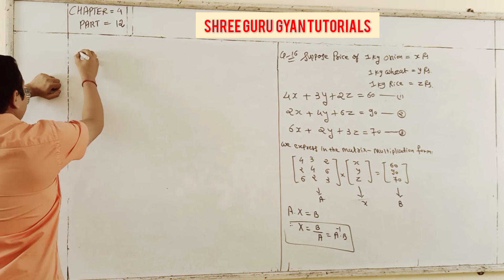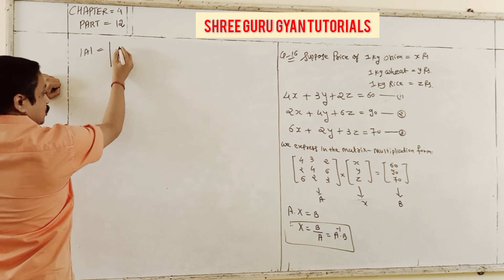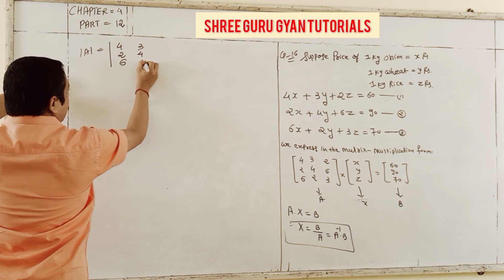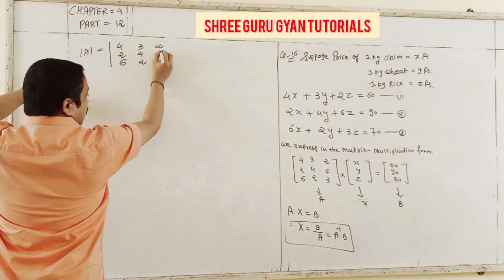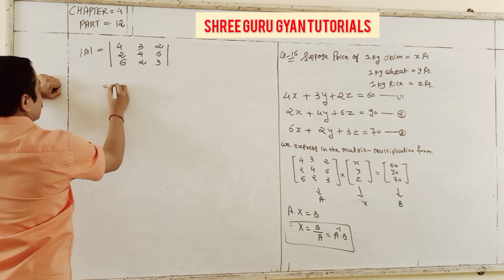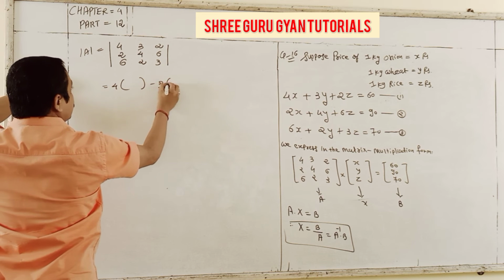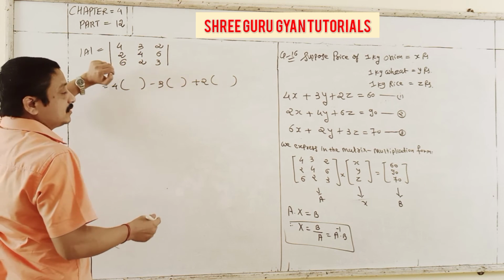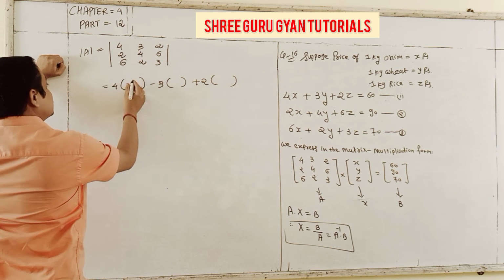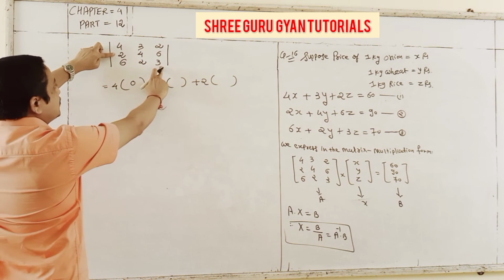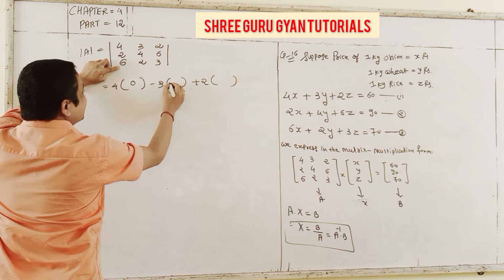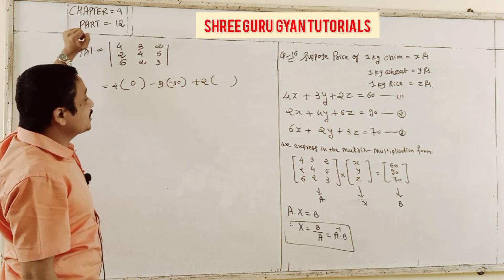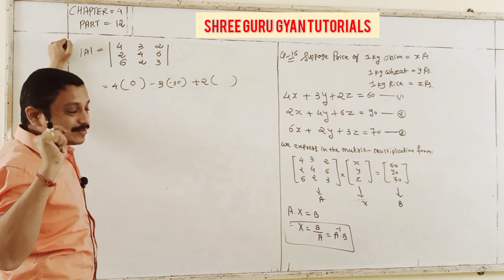So determinant A is, with rows 4, 3, 2, then 2, 4, 6, then 6, 2, 3. First, 4 times (12 minus 12) is 0. Next, minus 3 times (9 minus 36) gives plus 90... that is, 6 times 3 is 18 and 6 times 6 is 36, minus 30.